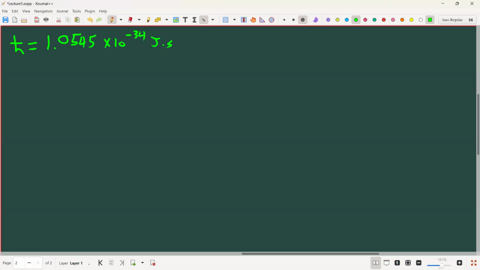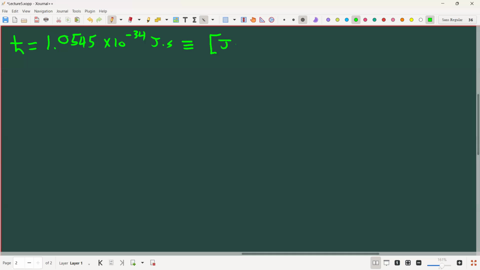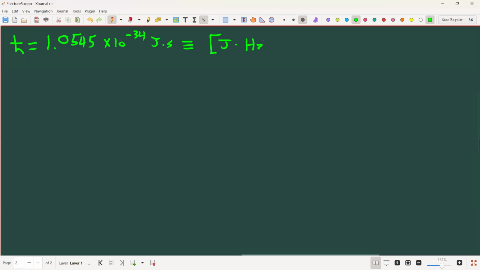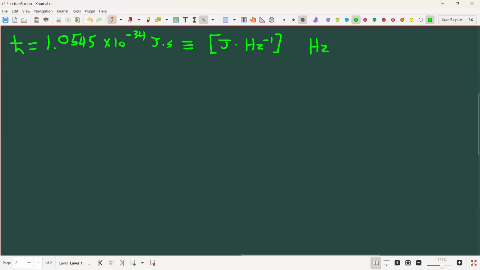All right, so let's think about the units. A better way to write these units, in my opinion, is instead write it as joules per, this is kind of weird, hertz minus 1 per hertz, where hertz is cycles of 2 pi.